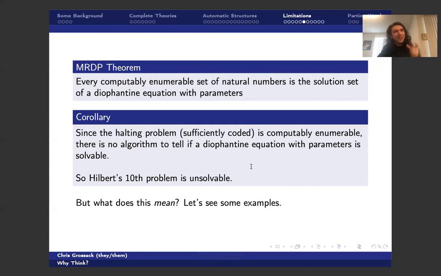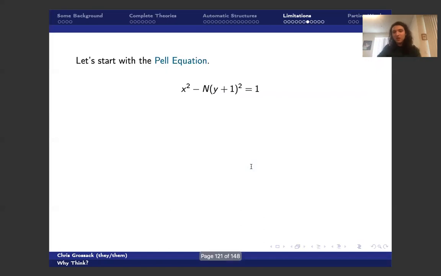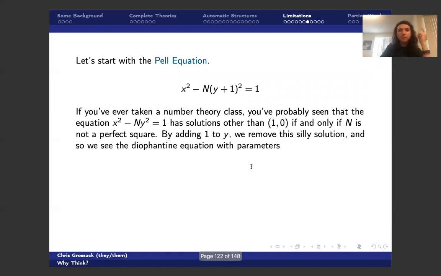But what does this mean, right? It's not clear how you would go about coding up some set as a Diophantine equation. So let's see some examples. First, let's start with the Pell equation. If you've ever seen a class in number theory, you'll be familiar with this equation. It says x squared minus ny squared equals 1. This is a Diophantine equation with parameter n, and it turns out that this equation has solutions if and only if n is not a perfect square.